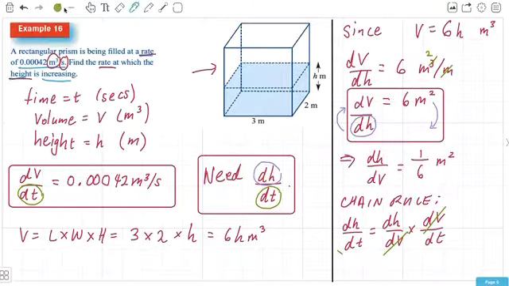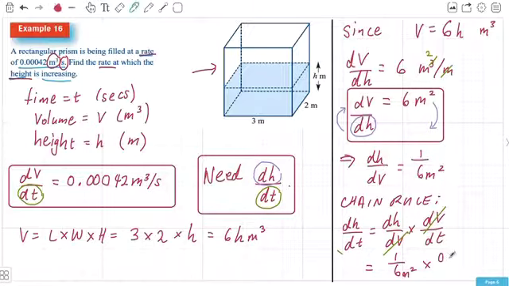So that means that all we have to do is just put in the quantities we know. So dH dV, well, that's 1/6, and that's meters. In fact, what I should have done here to make that a bit clearer is that meters squared should be underneath as well. So all we have to do is put that in there, meters squared times dV dt.